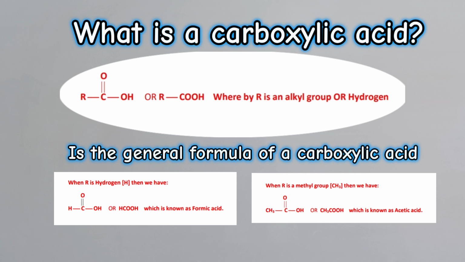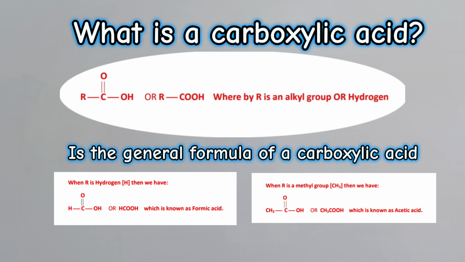Now, the two names, formic acid and acetic acid, are trivial names, and we therefore do not concern ourselves with their origin, but we are rather interested in knowing how to correctly name all carboxylic acids based on IUPAC guidelines.